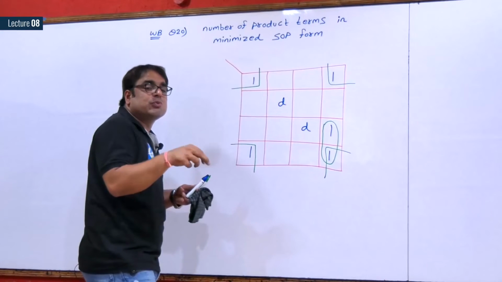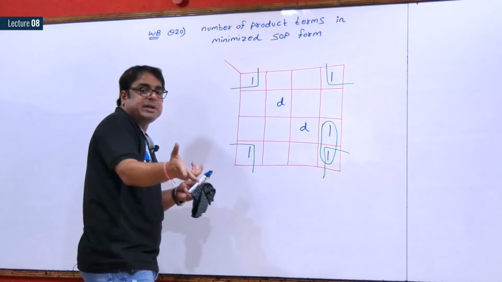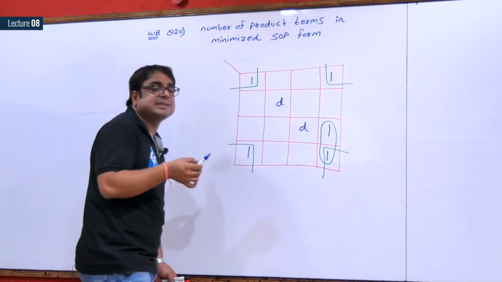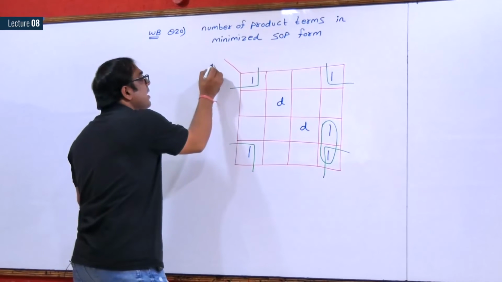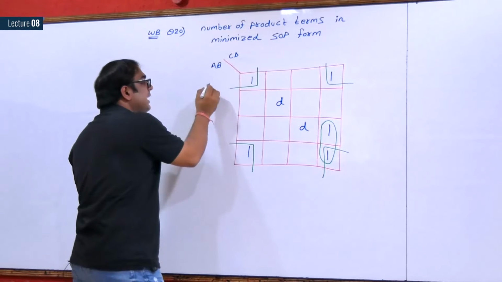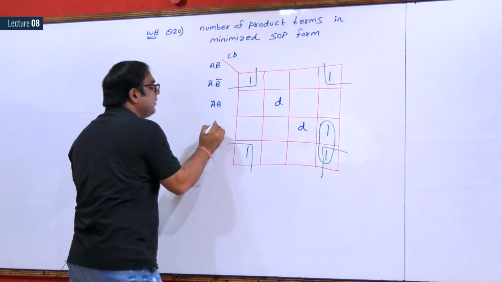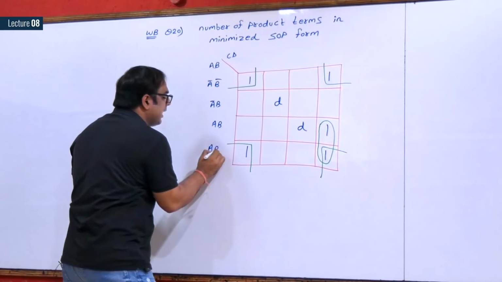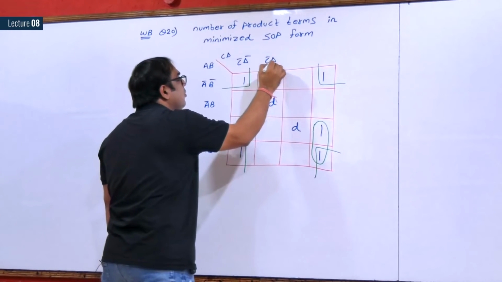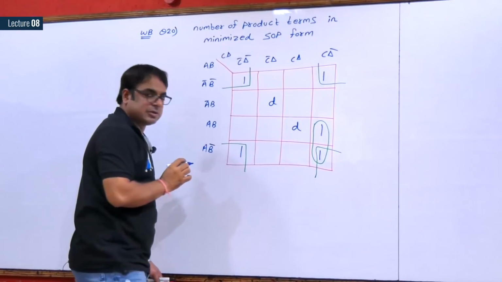If you want to know what the two min terms are, we can complete the K-map with the help of the variables A, B, C, D. Let me write A, B and C, D here. So let me complete this one. A complement B complement, A complement B, A B, A B complement, C complement D complement, C complement D, C D, C D complement.